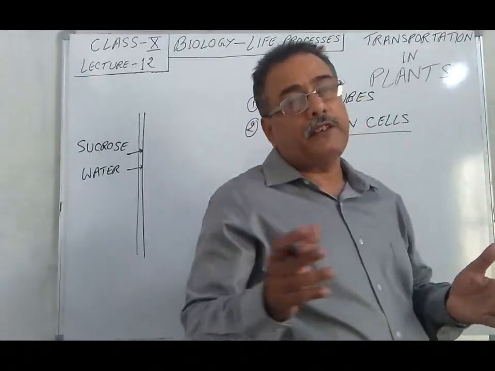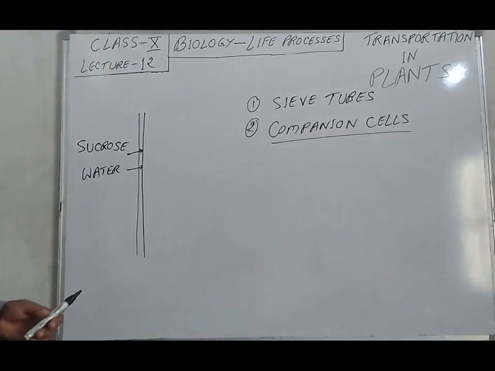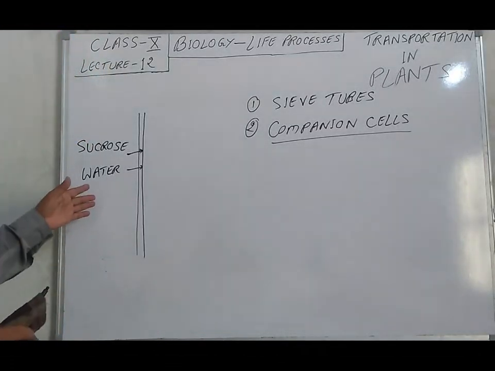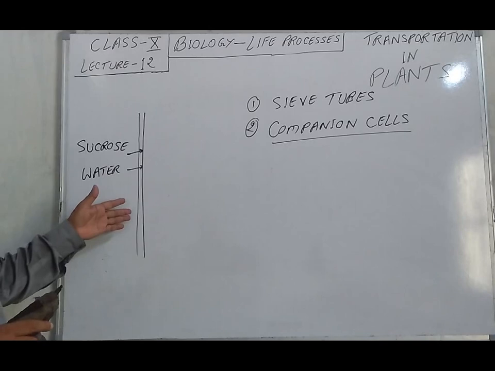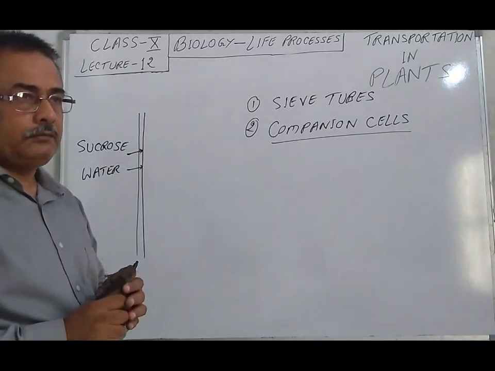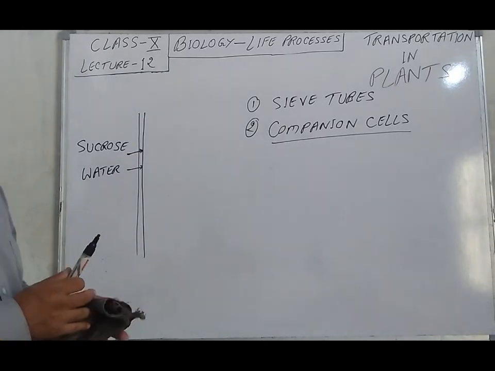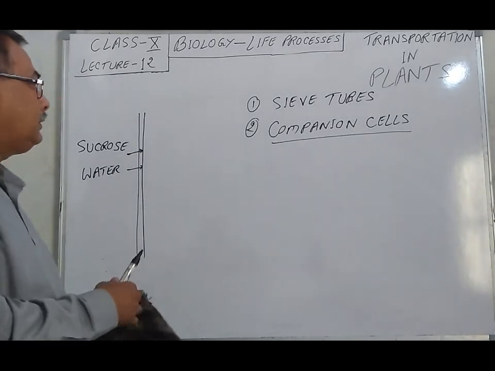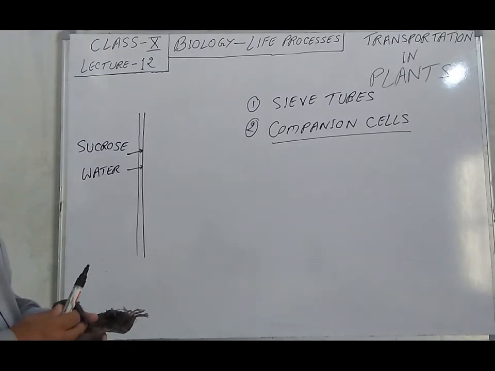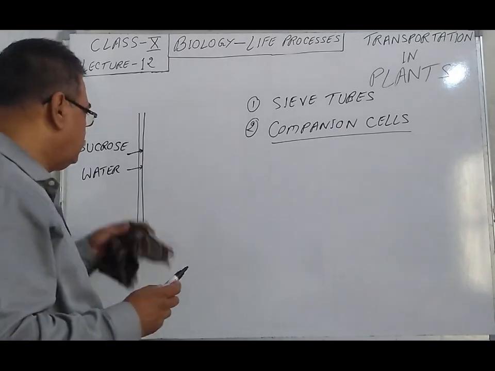It becomes soluble, and in its soluble form it is transported from a higher pressure to a lower pressure as and when any organ like root, stem, fruit, developing seeds, etc. needs food.